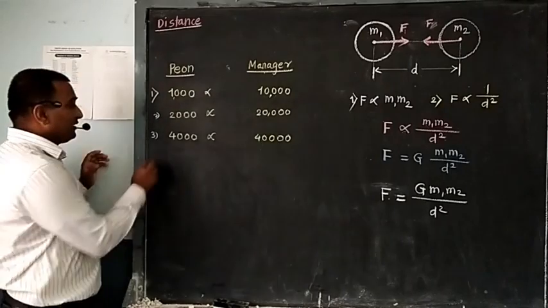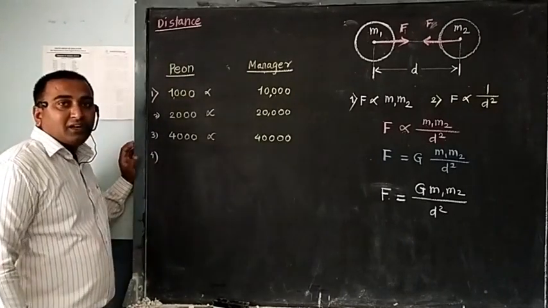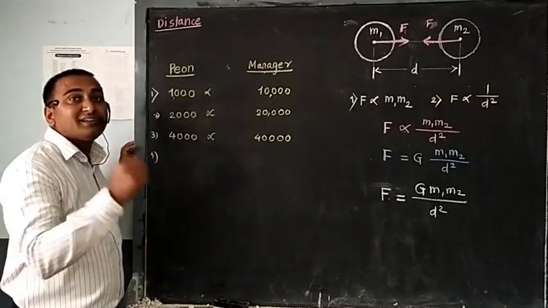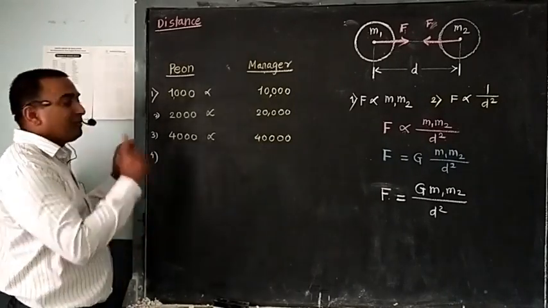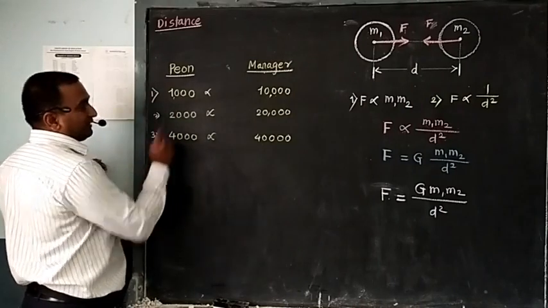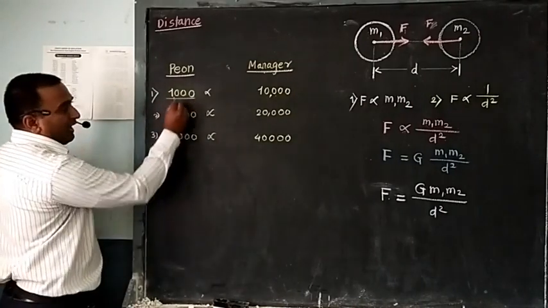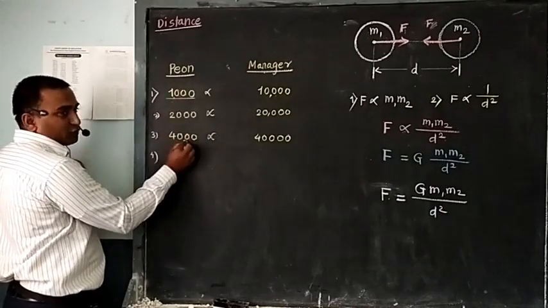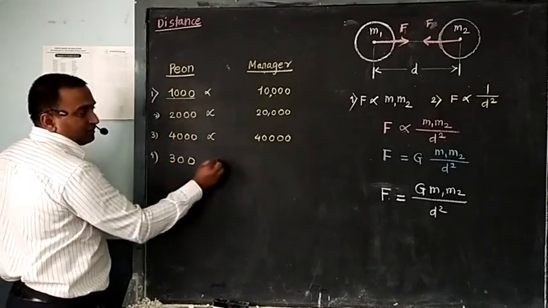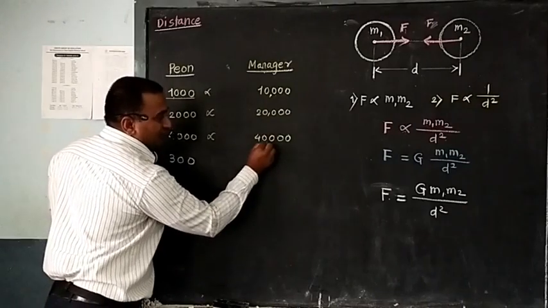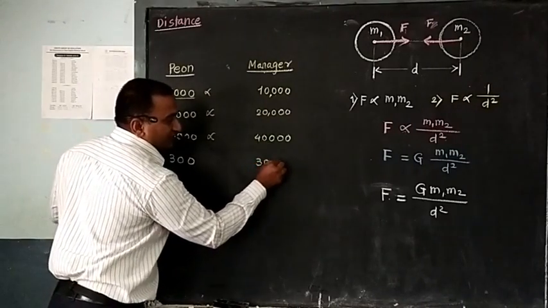Now the fourth condition: the company has incurred a loss. So the company decided to decrease the salary by 10% of the basic salary. So we do minus the basic salary, then we get 3,000. And here also, by reducing 10,000, we get 30,000.